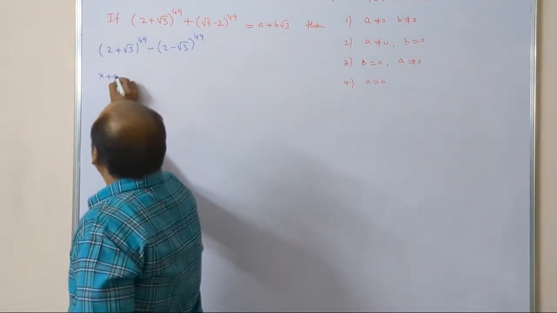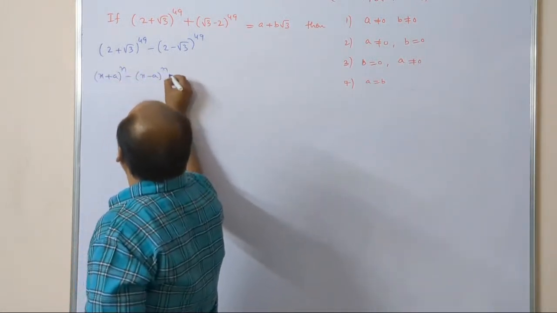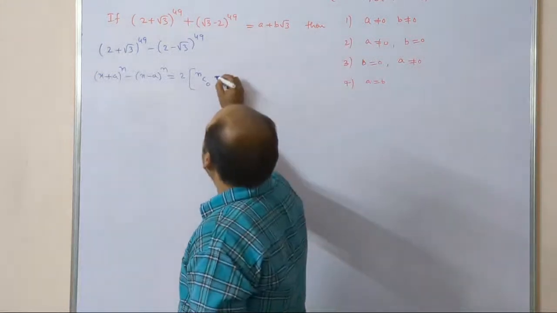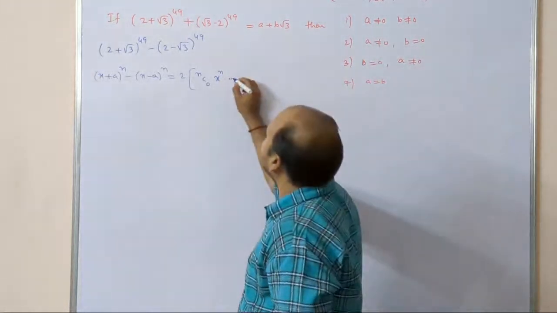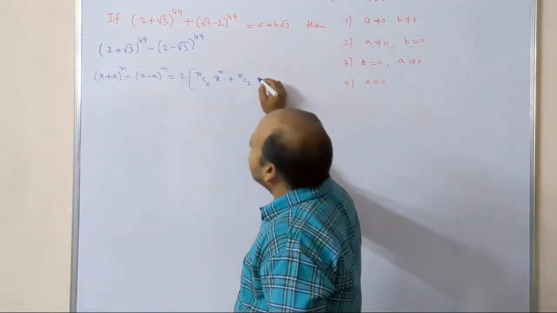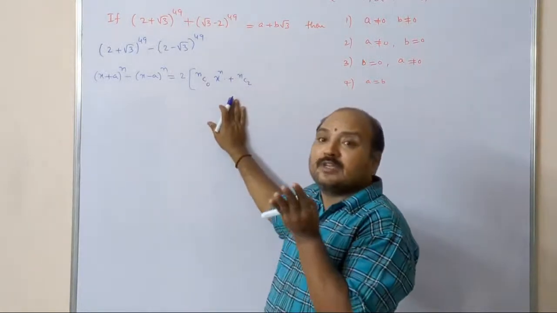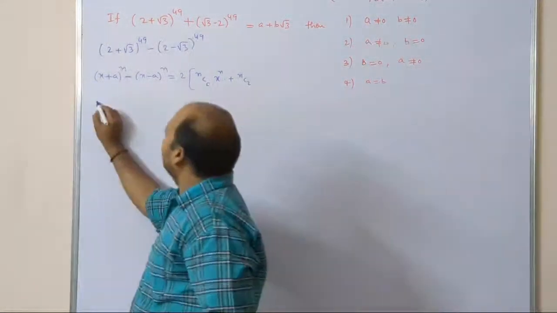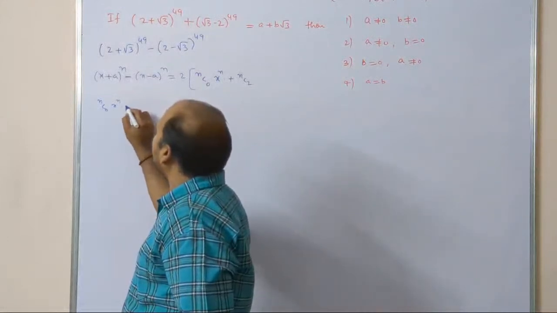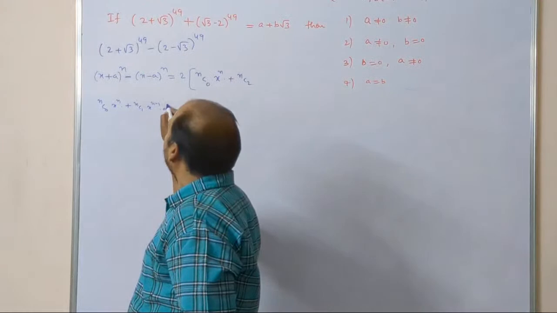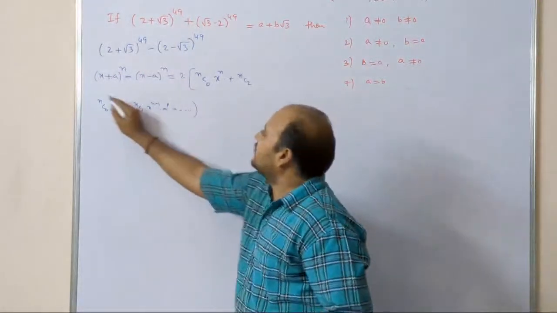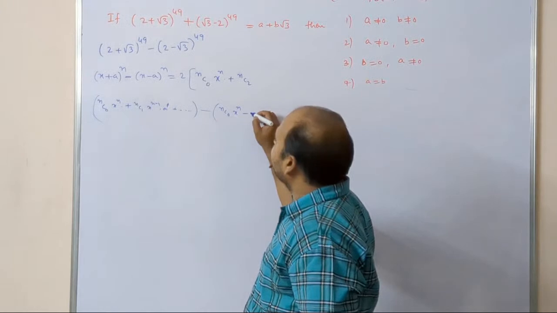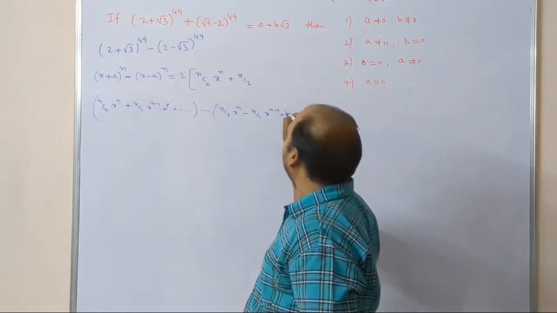We know that (x plus a) whole power n minus (x minus a) whole power n we can write as 2 times of nC0 x power n a power 0 plus nC2 and so on. Whenever minus is there, the even terms cancel and odd terms remain. The first expansion is nC0 x power n a power 0 plus nC1 x power n minus 1 a power 1, and so on.